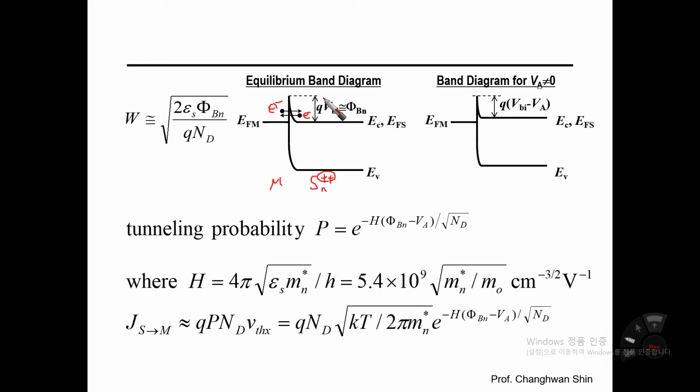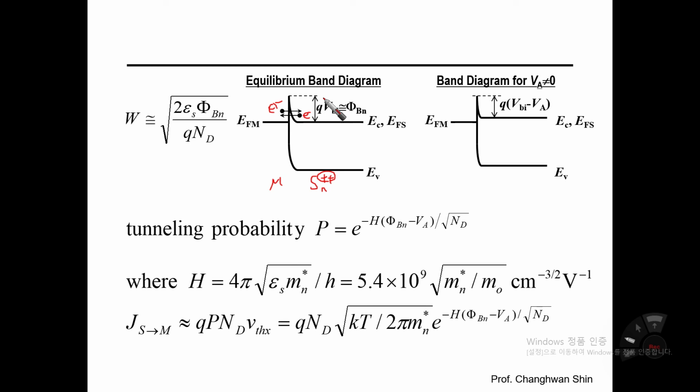On the last line, you can see that the current density from semiconductor to metal is defined as the unit charge times the donor concentration, in other words the electron concentration, times the thermal velocity along the x direction, VTHX, and one more additional term, P, the tunneling probability.